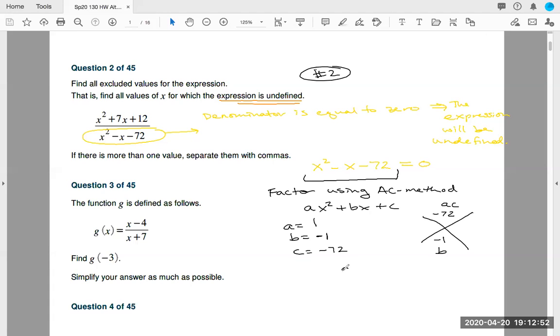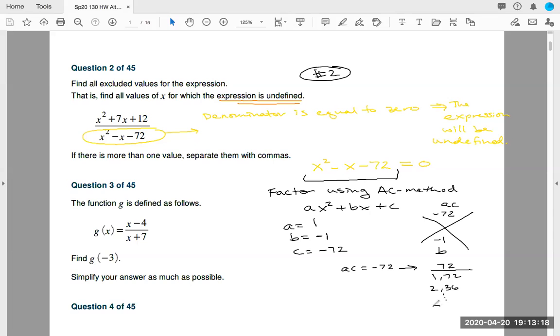So we're going to start with the AC part. AC is negative 72. We only care about 72 positive right now. List the factors of 72, and you're going to find you don't need to list them all. 1 and 72, 2 and 36, so on and so forth.